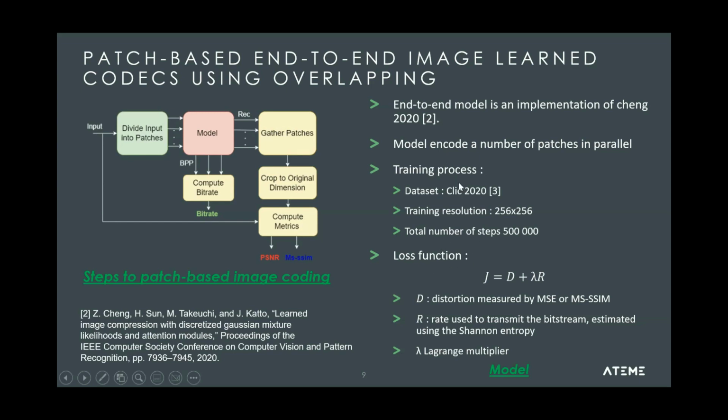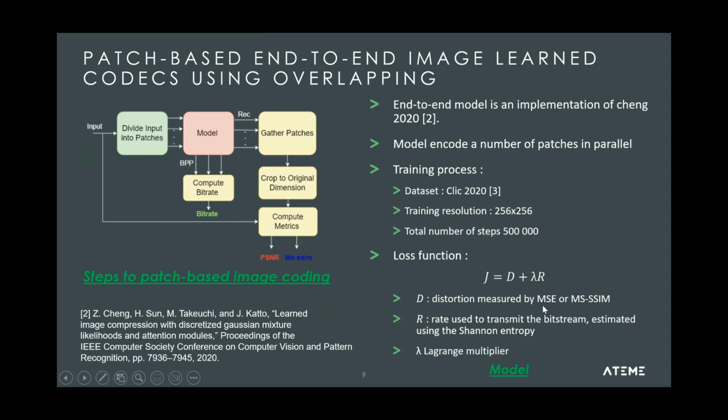We trained it on a data set named CLIC 2020. We used a training resolution of 256 by 256, and we try to minimize this loss function, which is the distortion-rate loss function. D refers to the distortion between the input image, the original image, and the reconstructed one.